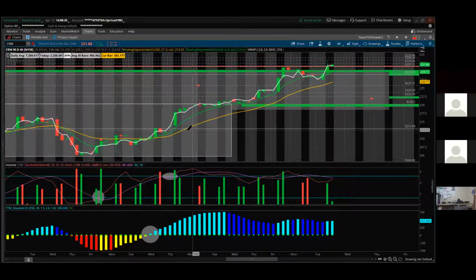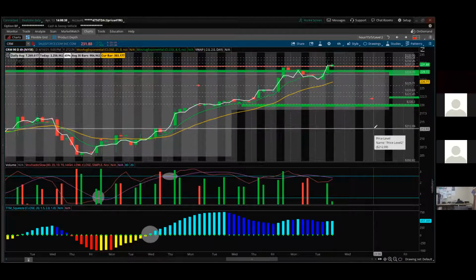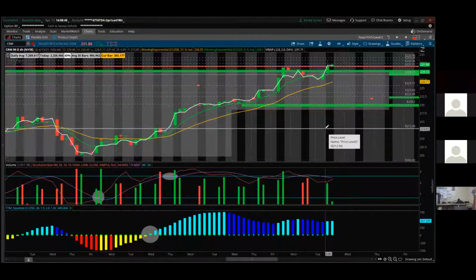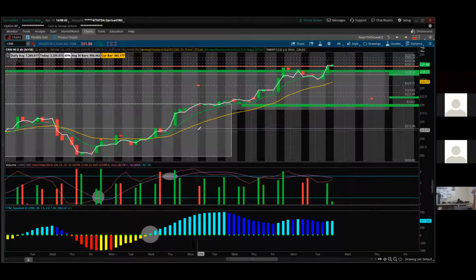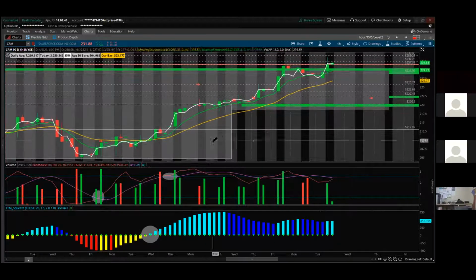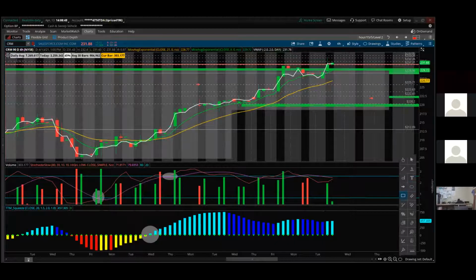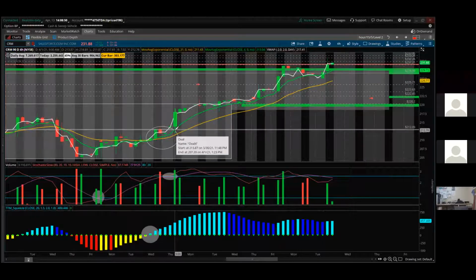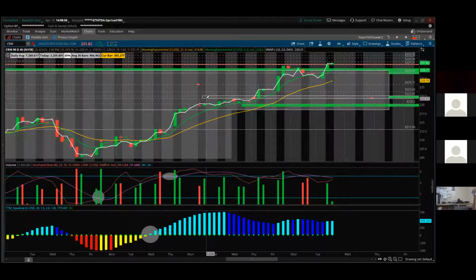A safe trade would be over this now support, used to be resistance, but is now a support level at 213. Even if you were safe at 213 and took it right here, if you bought a swing, you could have made a decent bit of money. Even if you sold right here, that's almost an $8 trade.